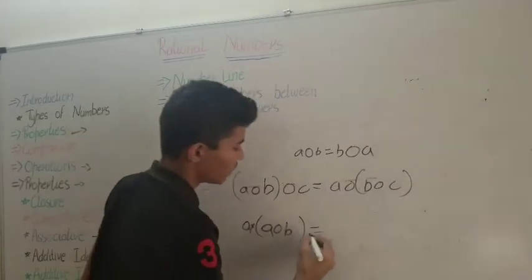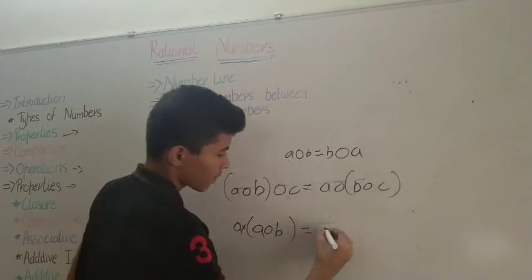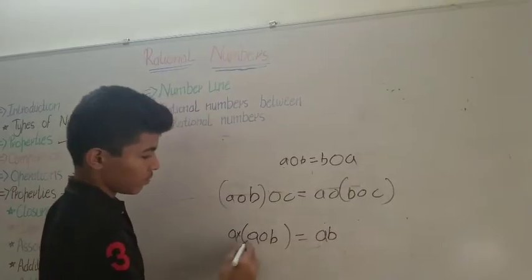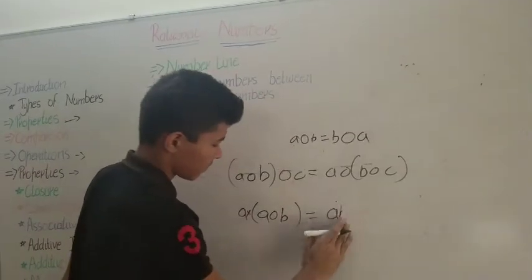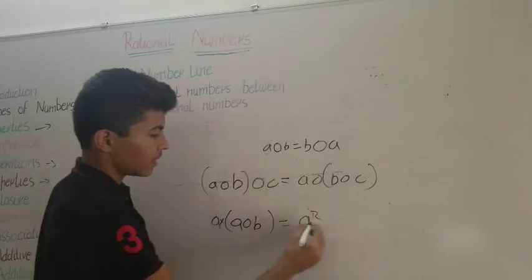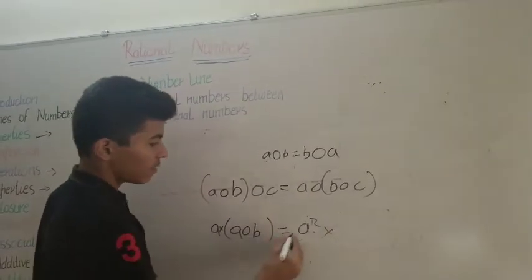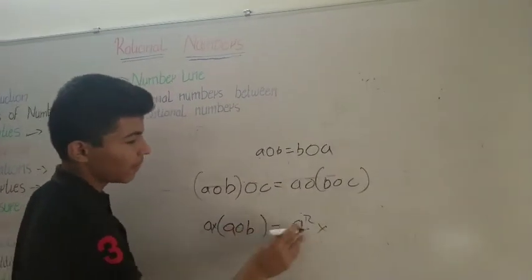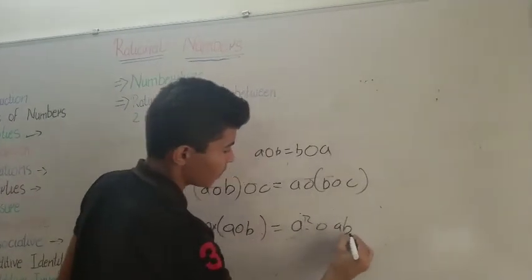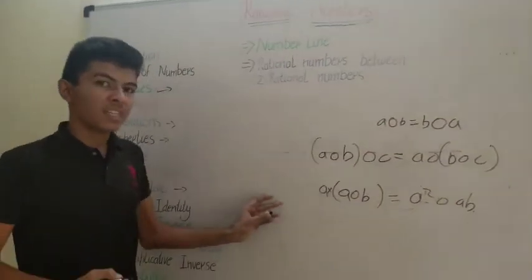Here it should be equal to a multiplied by a, that is a square, and a multiplied by b, that is ab, with the symbol between. So these are what the properties state.